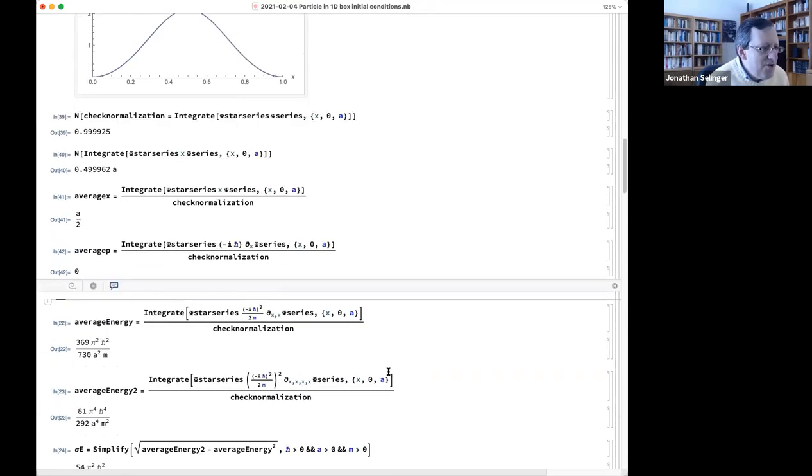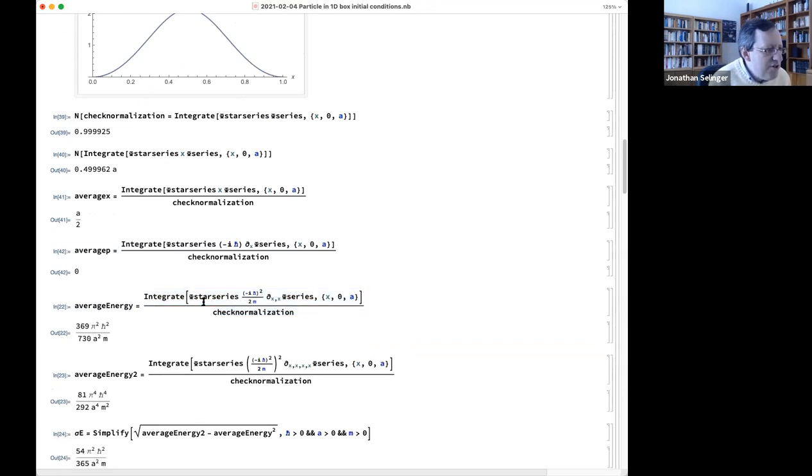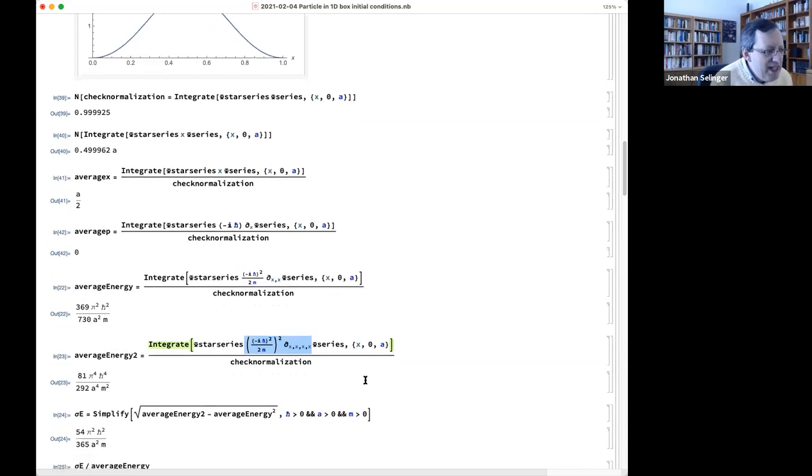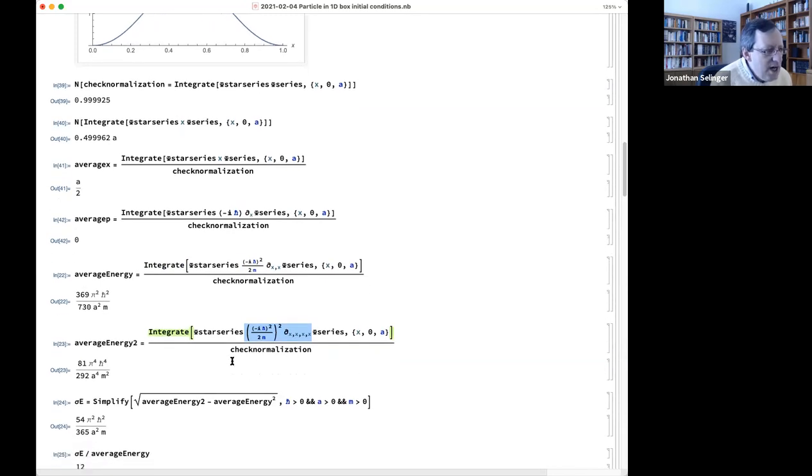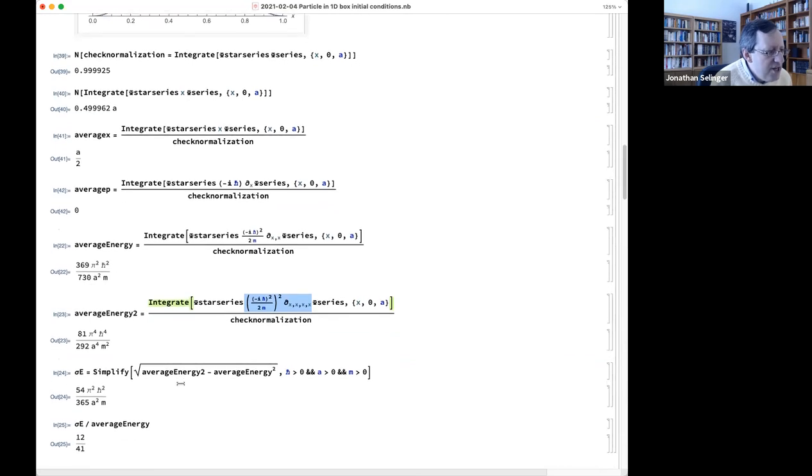We can get out the average energy by doing this integral sandwich with the Hamiltonian in the middle. We can get out the average of the energy squared by doing the integral sandwich with two Hamiltonians in the middle. And so we can see what is the uncertainty in the energy.